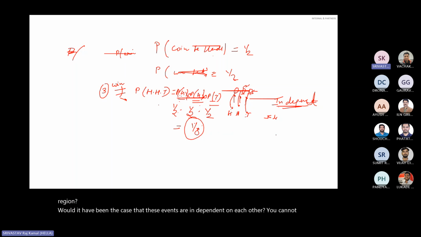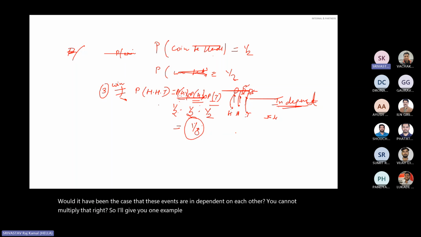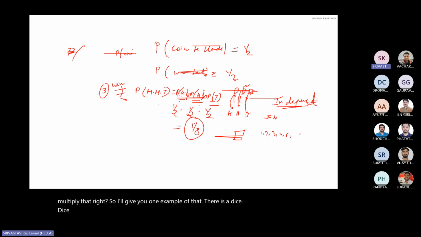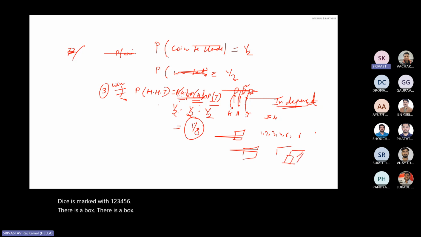So I'll give you one example of that. There is a box, and you have 5 blue marbles and 5 green marbles. I give you one attempt.